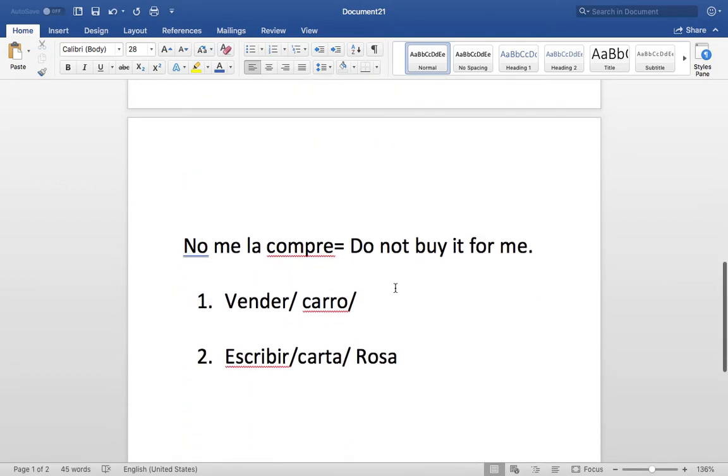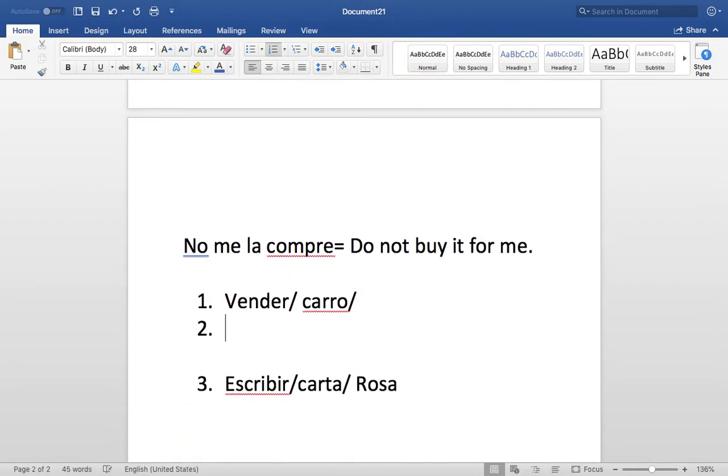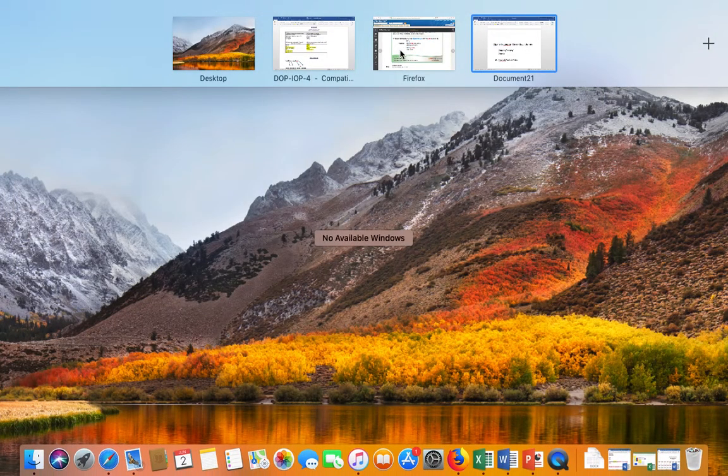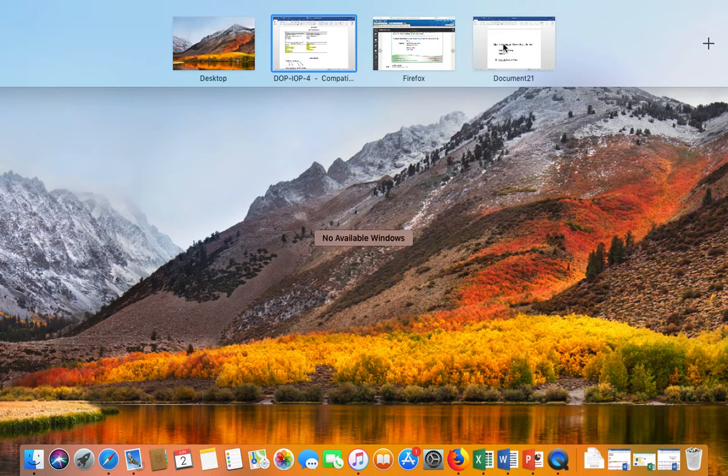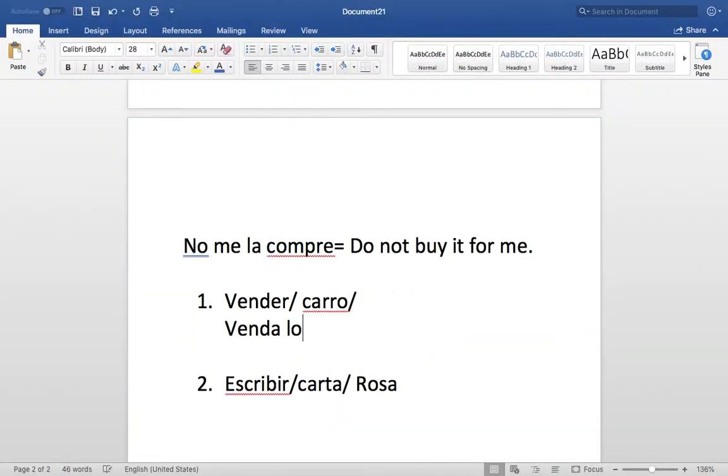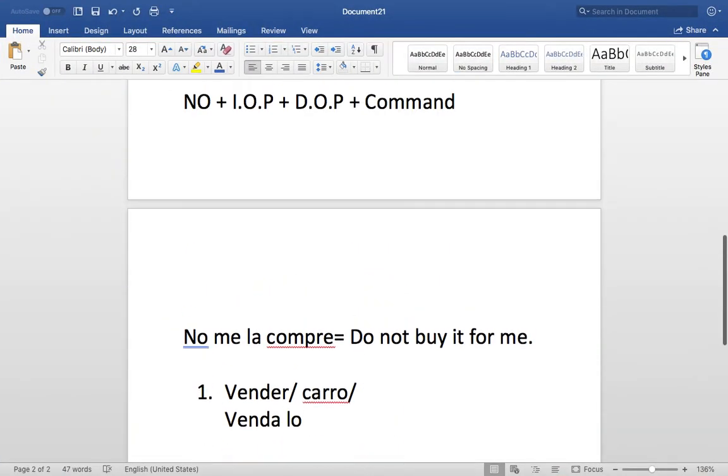All right, so vender carro. How would you do vender for the usted command? Venda. And you're going to replace carro. We go here, we're doing the direct object pronoun. Carro, it's masculine, so it's lo. But what is the formula?